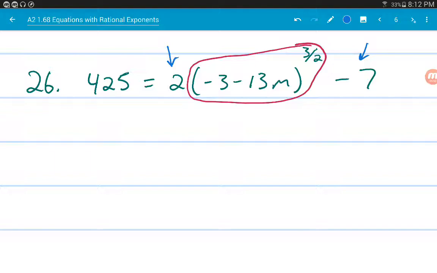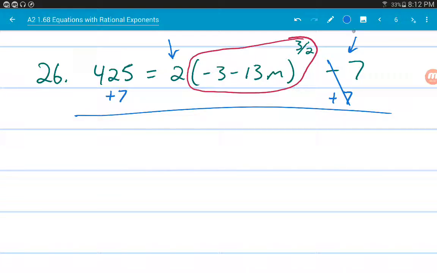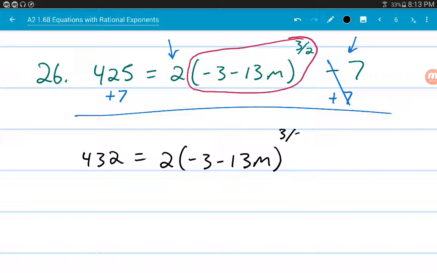So let's just take it step by step. What should I get rid of first, the 2 or the negative 7? The negative 7 needs to get moved over with addition. Once I move that over, I get 432 is equal to 2 times negative 3 minus 13m raised to the 3/2 power.